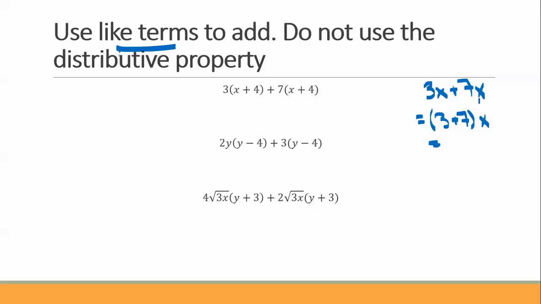So 3x plus 7x is 10x. Here we have 3 times x plus 4, and we have 7 times x plus 4. So we have 3 of this x plus 4 thing, and 7 more of this thing. So we have 10 times x plus 4.